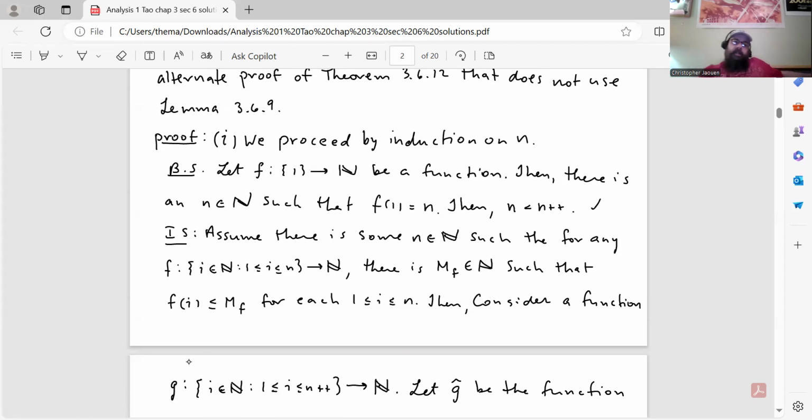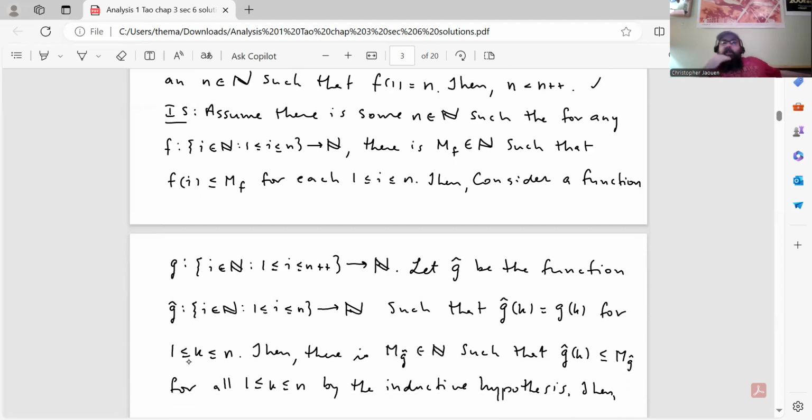Then we move on to the inductive step. Assume there's some natural number n such that for any f going from the set of natural numbers from 1 to n to the natural numbers, there's a natural number m sub f such that f of i is less than or equal to m sub f for each i between 1 and n.